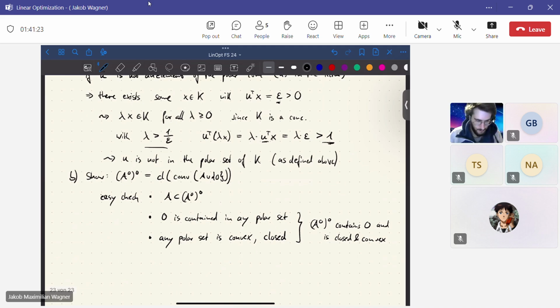And this immediately gets that the closure of the convex hull of A including 0, which is the smallest closed and convex set that contains A and the 0 vector, is contained in this A double polar.